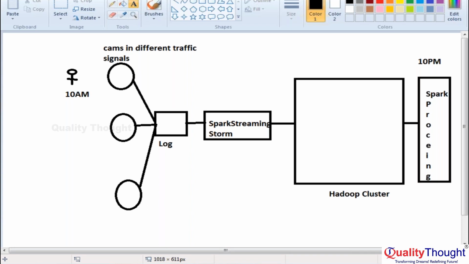One more example. There is one supermarket. They want to take some decisions. The next coming festival is Deepavali, right?